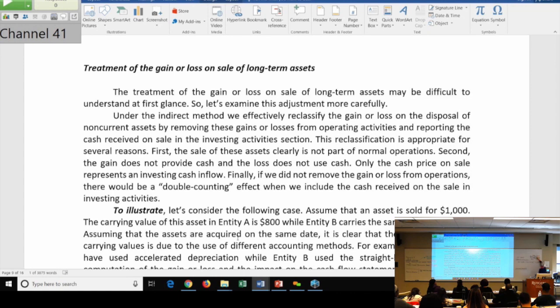So what provides the cash? It's the selling price, not the gain. The gain does not really provide any cash flow. It is the selling price.